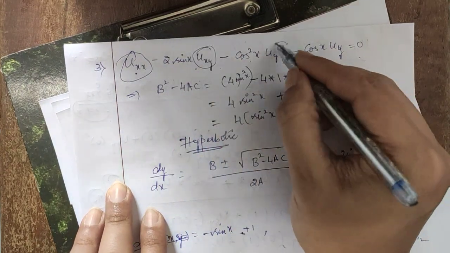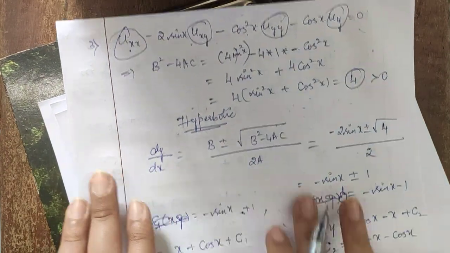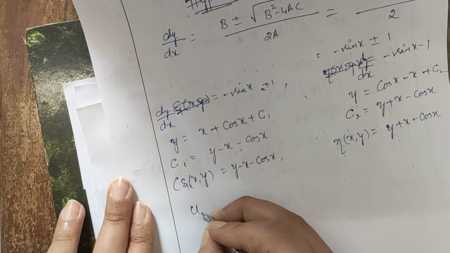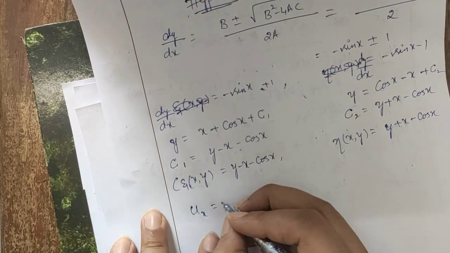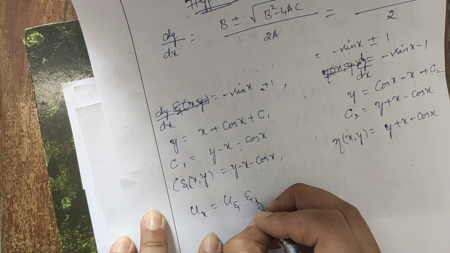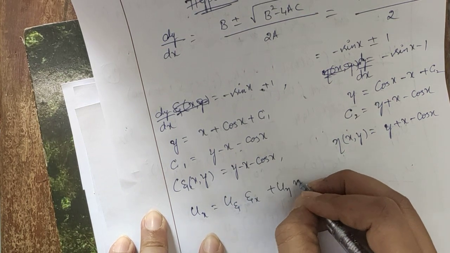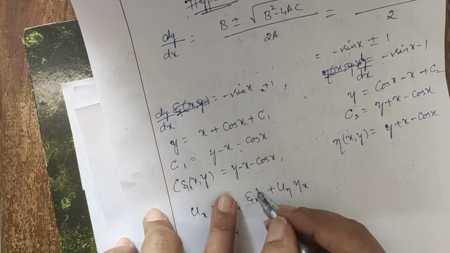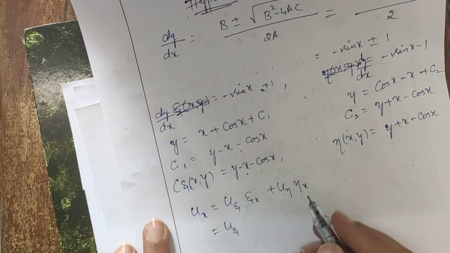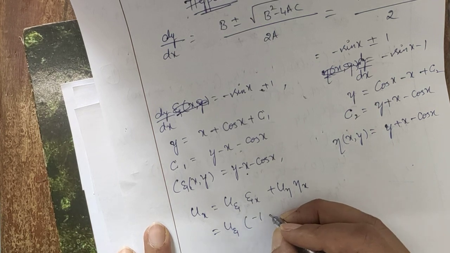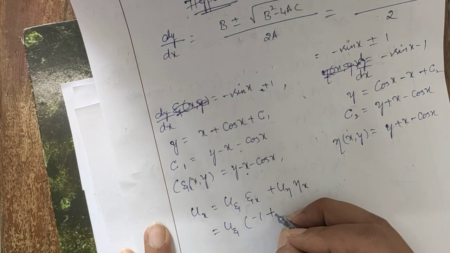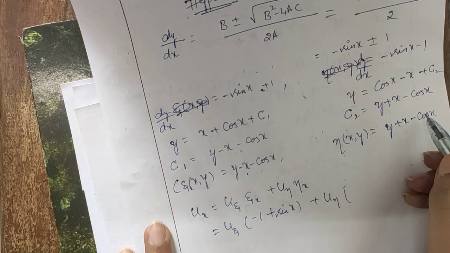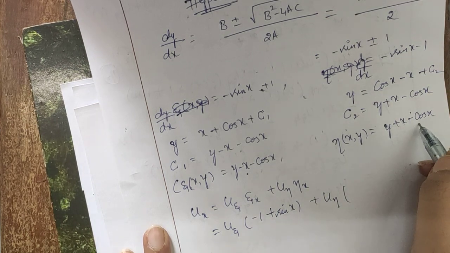uxx, uxy, uyy, uy. So for that, first I will find out ux. So formula for ux is u xi into xi x plus u eta into eta x. What is differentiation of xi with respect to x? You will get this as minus 1 plus sin x, plus u eta into differentiate eta with respect to x.